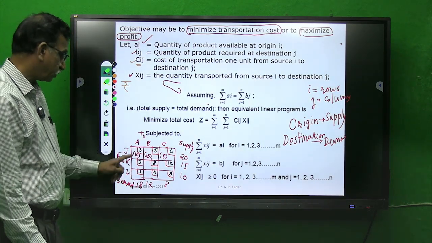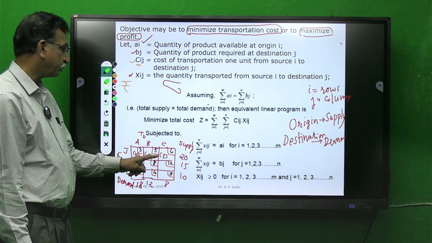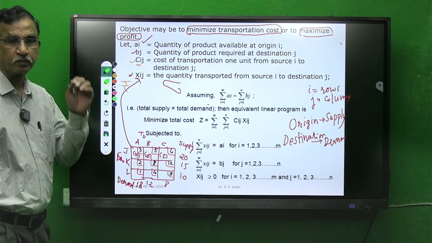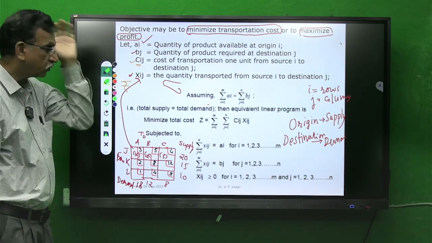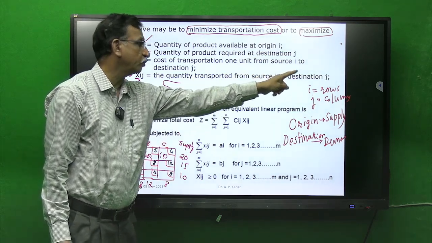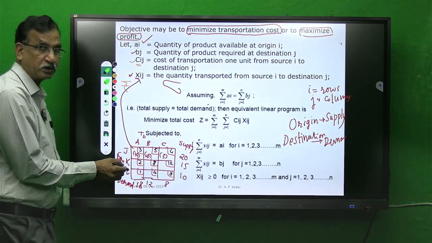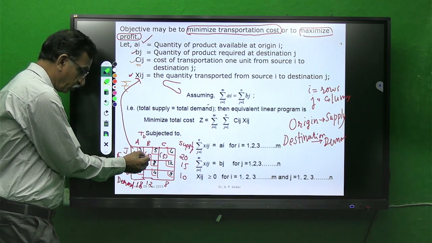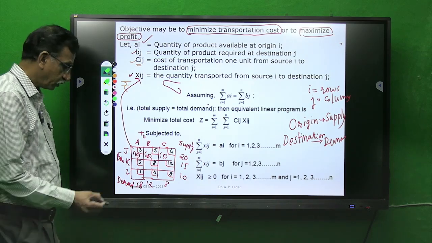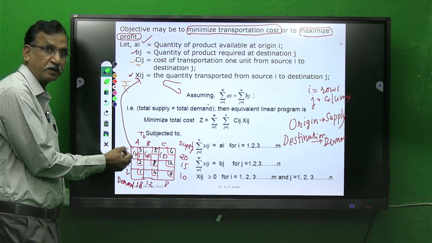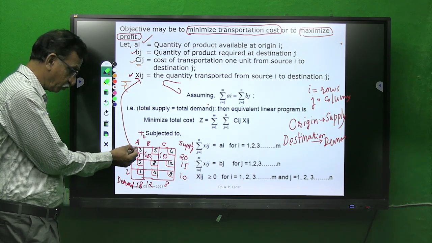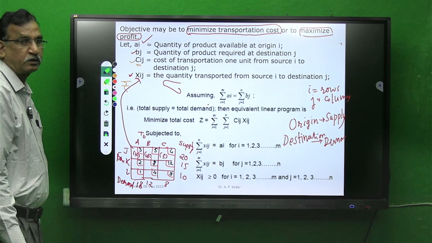Suppose this 10 and this 5 represent the Xij quantity, the quantity transported from source I to destination J. Suppose my allocation is like this, it means 5 units are transferred from J to B. For this 10 value, I will interpret it as 10 units are transferred from J to A. Got it?